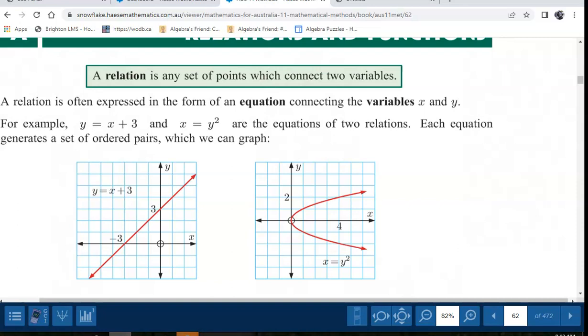All good? A function though, so here we go. All functions are relations, but not all relations are functions. Now this is going to be very hard to determine whether something is a function or not. We ready? Very difficult.